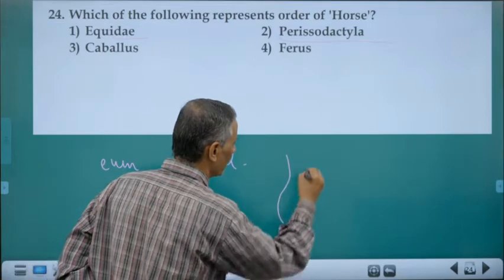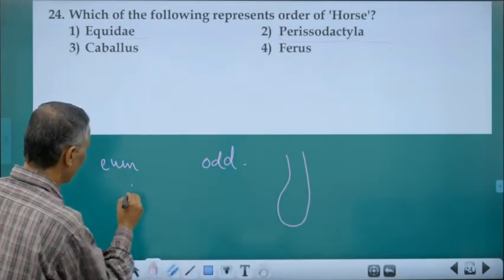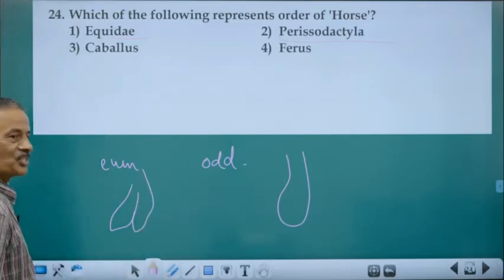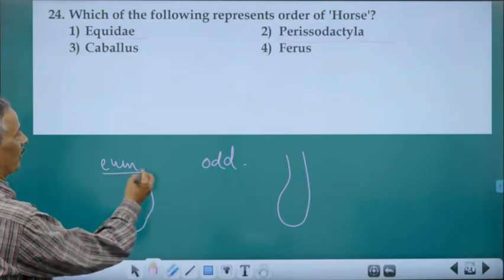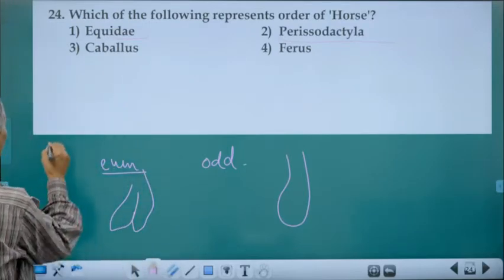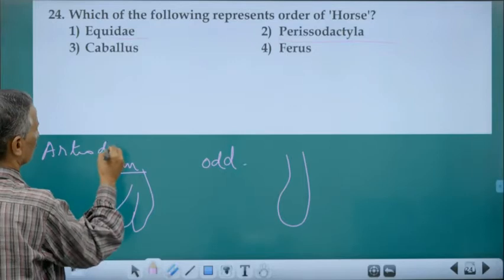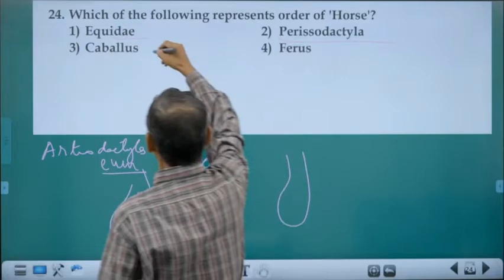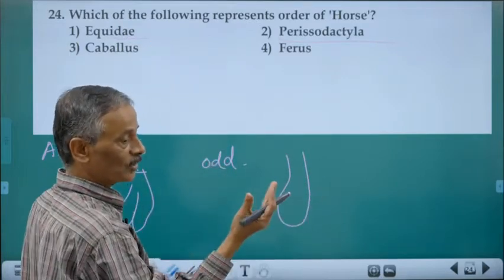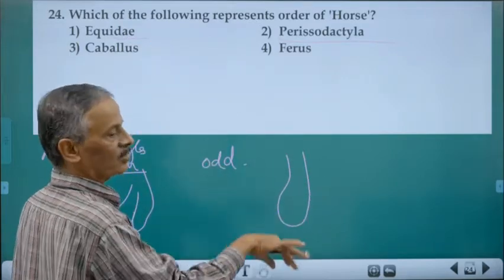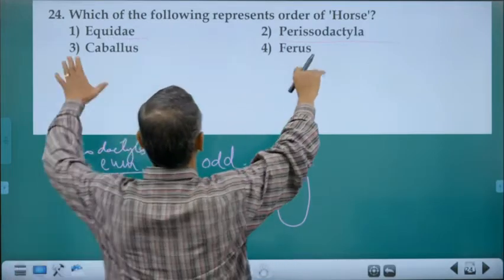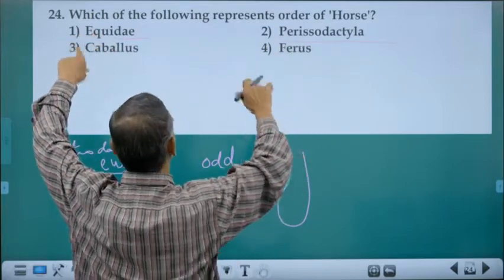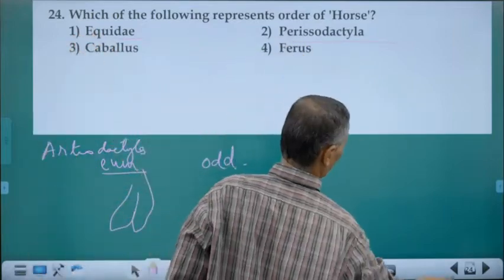Horse is having a single hoof, whereas cattle are having two hoofs. Sheep, goat, cattle, etc. are even-toed. They belong to Artiodactyla. So that is the correct answer. Equus caballus is a genus similar to that of horse. Okay, there are varieties of horse-like animals similar to that of horse. So the order is Perissodactyla.